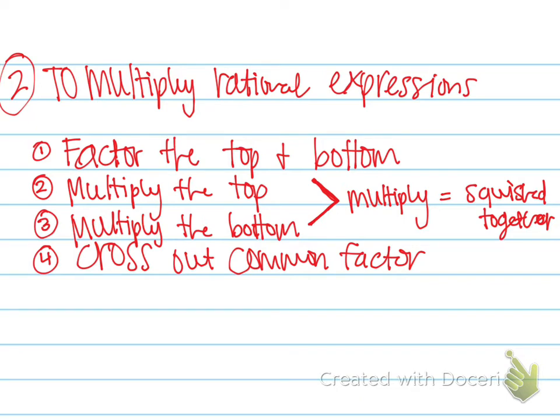So, the first example for multiplying is 2 over x minus 2 times x squared minus 4 over 4.